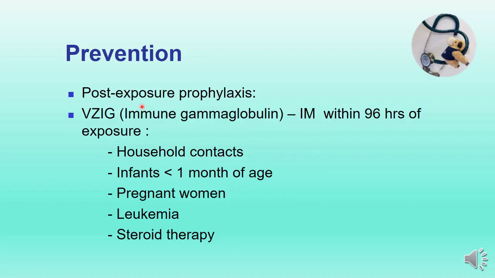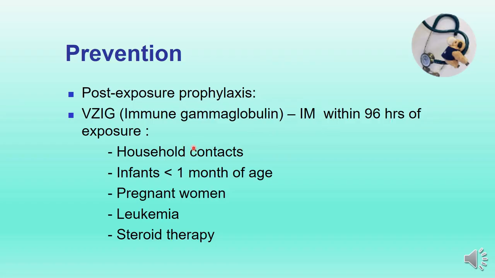Another prevention is post-exposure prophylaxis. If the child gets exposed to the case, then you need to give immunoglobulin. Varicella zoster immunoglobulin is given intramuscularly within 96 hours of exposure.